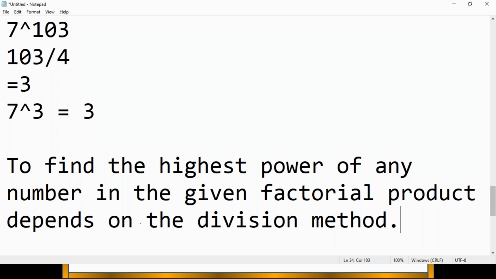There is no mathematical formula here. So don't worry about 50 factorial or 5 factorial or 500 factorial. The concept is the same.